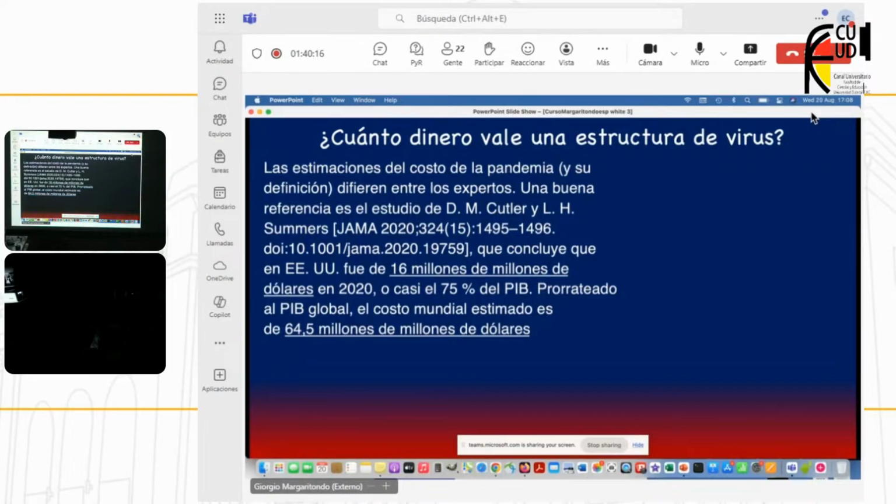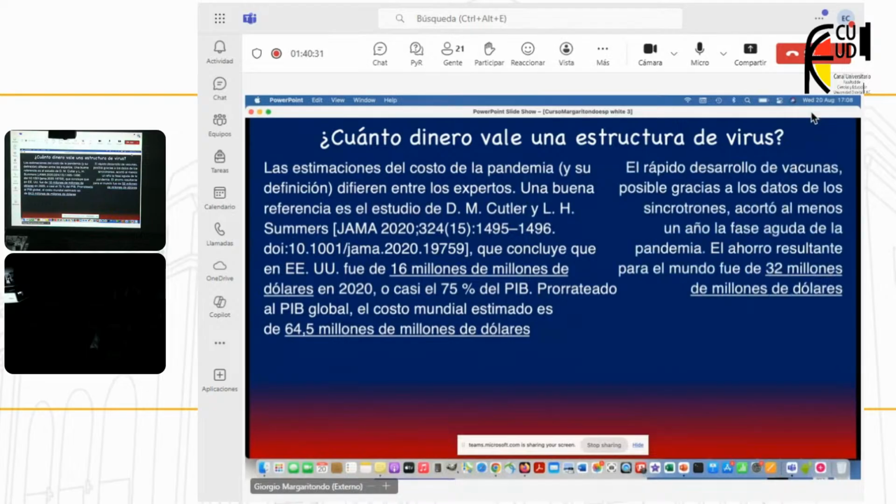But I'd like to propose to you this short study by Cutler and Summers, which is for the United States and for a 2-year period from the start of the big pandemic.